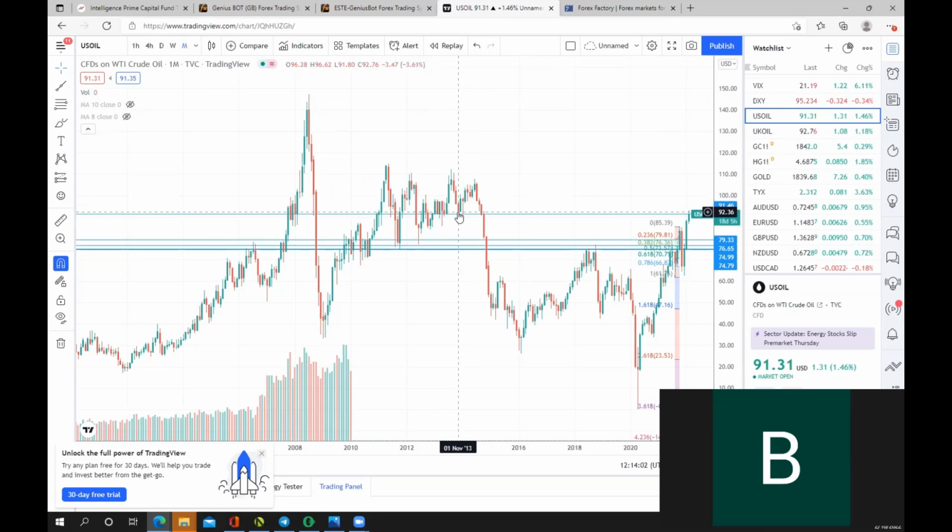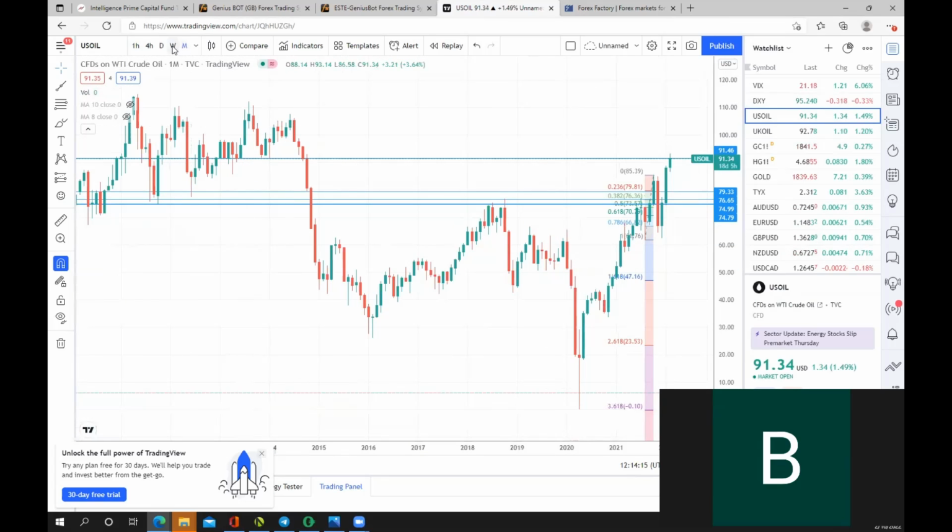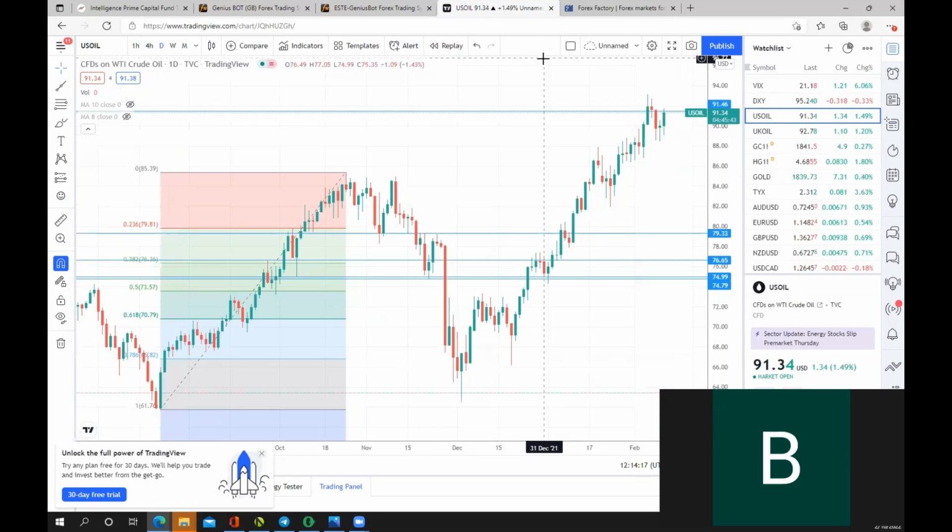But currently from this breakout here, what happened in October 2014, they are testing that. This is also a very good supply level from demand to supply. So we'll see from that at the end. I'm not a big believer in buying, however, anything can happen. They can still push it to the upside depending on the supply and demand with oil.